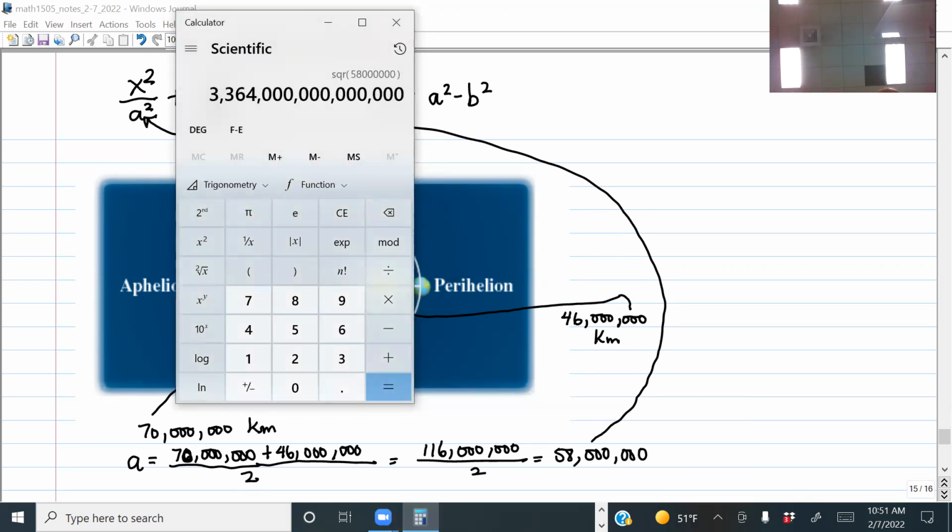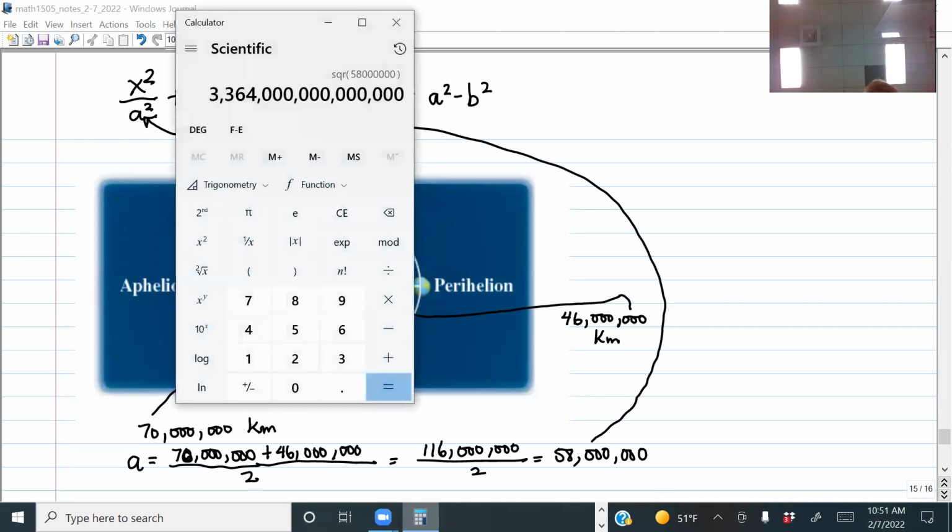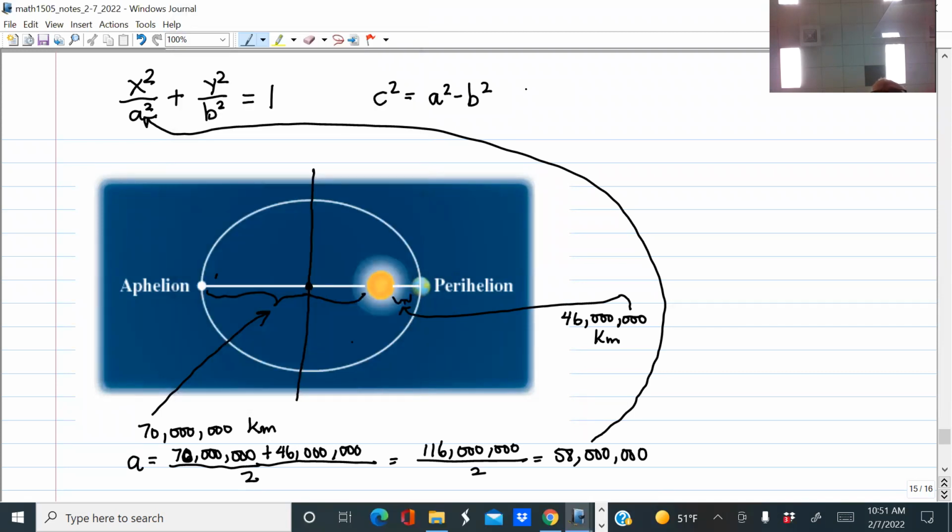So how many digits do I have to move that decimal point, which is right there? 1, 2, 3, 4, 5, 6, 7, 8, 9, 10, 11, 12, 13, 14, 15. So in scientific notation, this number would be 3.364.